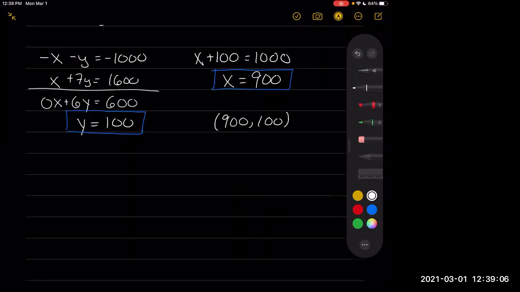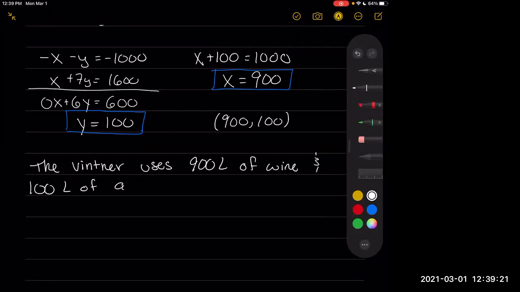And then for our sentence, the vintner uses 900 liters of wine and 100 liters of alcohol solution to fortify the wine. There we go.